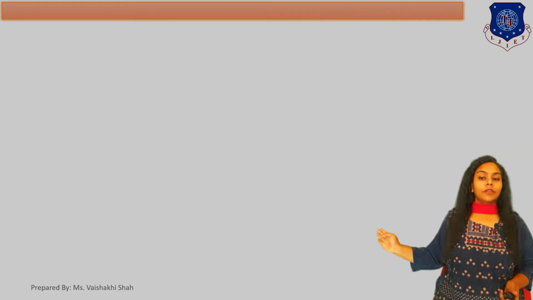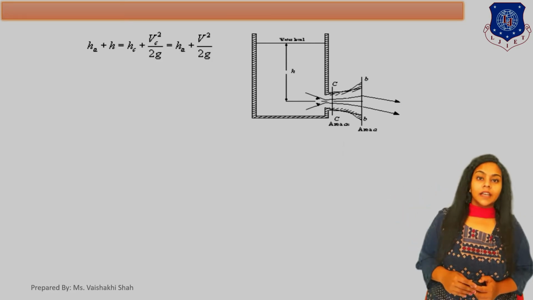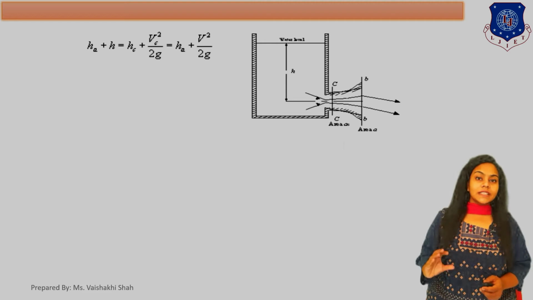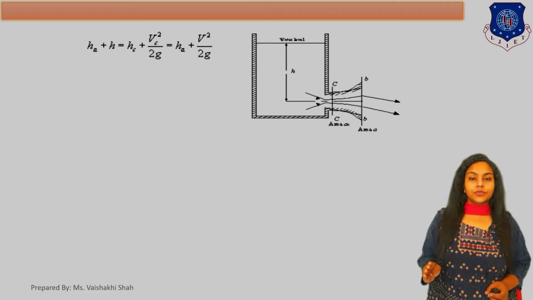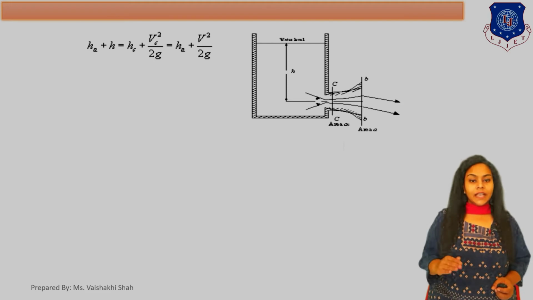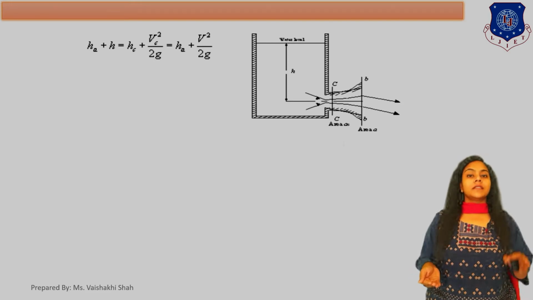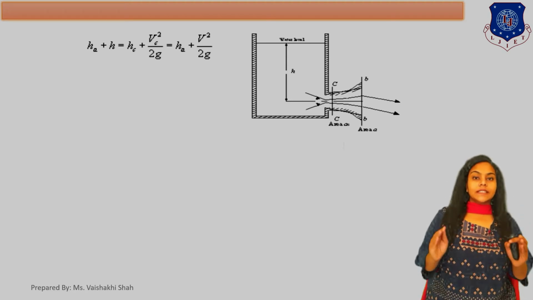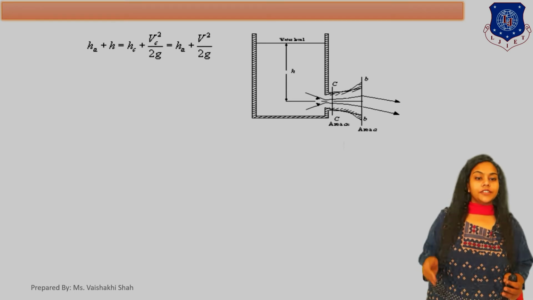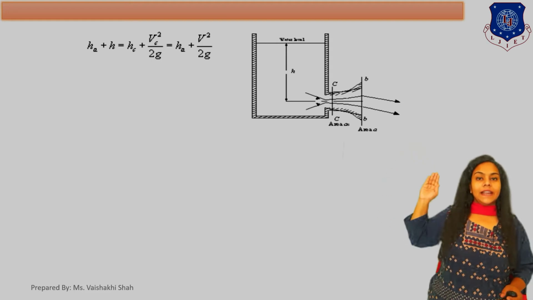Bernoulli's equation is P1 by rho g plus V1 square by 2g plus Z1 equals P2 by rho g plus V2 square by 2g plus Z2.